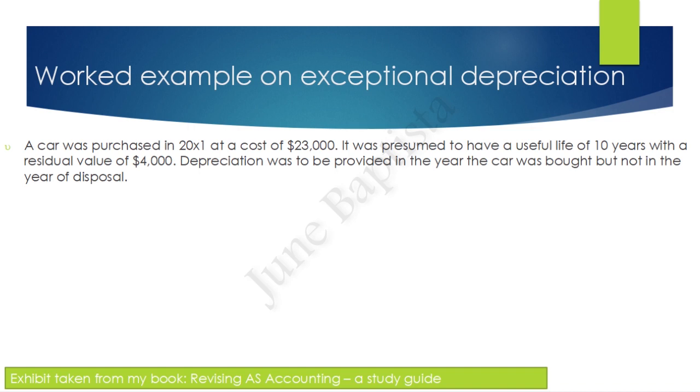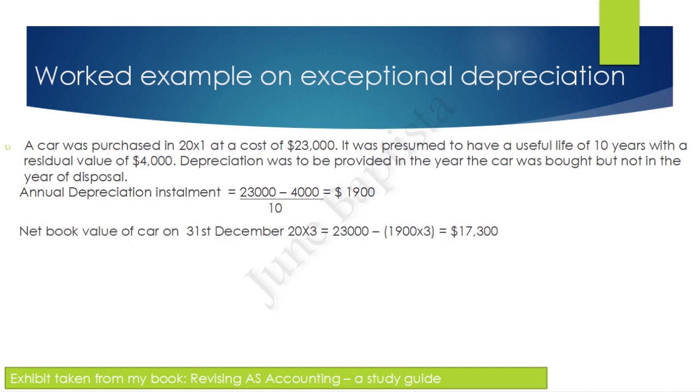Using the straight line method, we calculate the annual provision for depreciation installment to be $1,900. Therefore, the net book value of the car on the 31st of December 20x3 was $17,300.